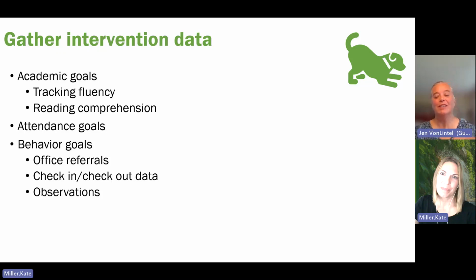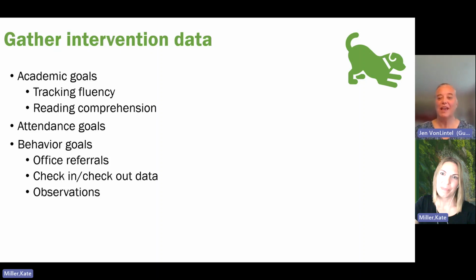So what I like to do is a pre and a post evaluation of data. And some things that I look at, especially for academic goals, are their fluency or reading comprehension. We've even worked on math skills before, but teachers have a whole slew of ways to evaluate if there's been improvement on an academic goal.